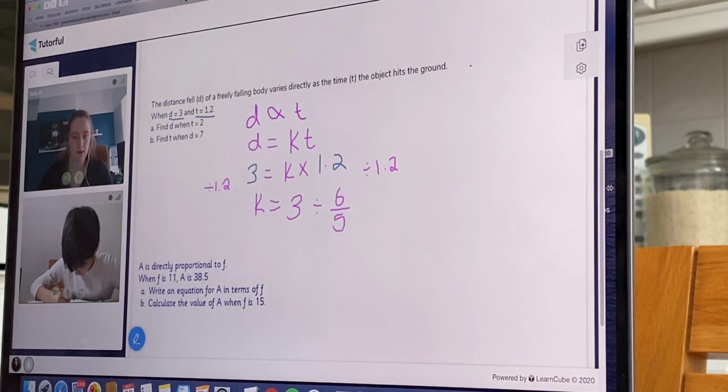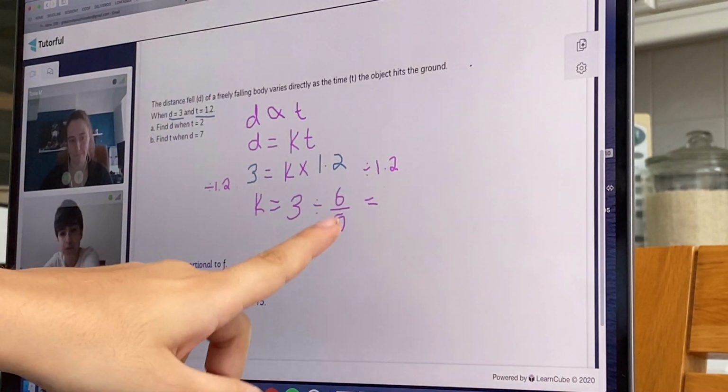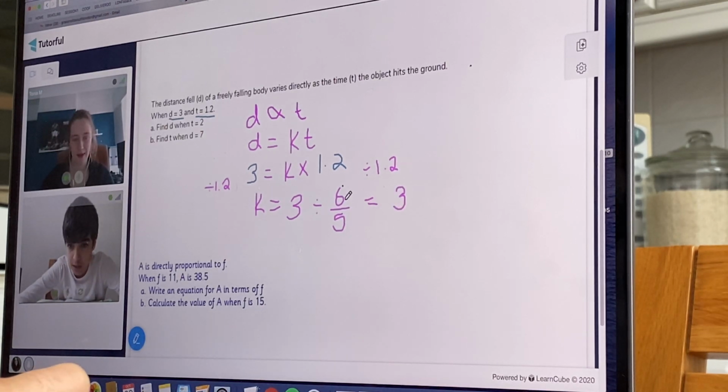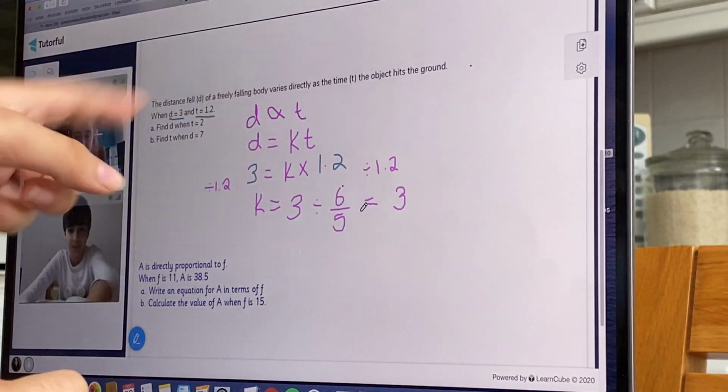Yeah, 6/5. So how do we do this then? How do we divide by fractions? What do we do with the top? You multiply that. Nearly, very close.